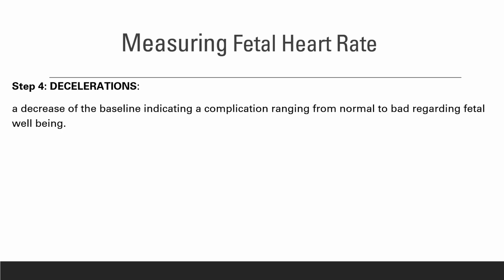Accelerations is a third step. You need to determine if there's any positive or negative accelerations. Acceleration is an increase of the fetal heart rate from the baseline to at least 15 beats above the baseline for at least 15 seconds long. And this is for babies that are 32 weeks gestation or above.